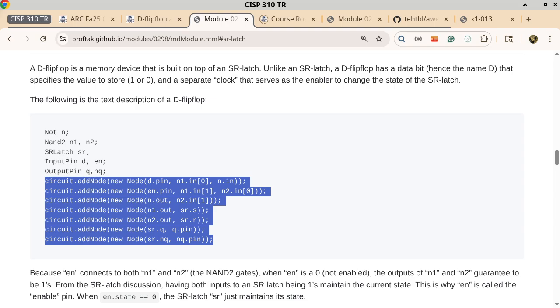Everything that you learned in CISP 360, you can apply that, except you're not doing cout to generate a text file anymore. You are creating a circuit using logic. You are basically building a circuit using these similar kinds of statements.